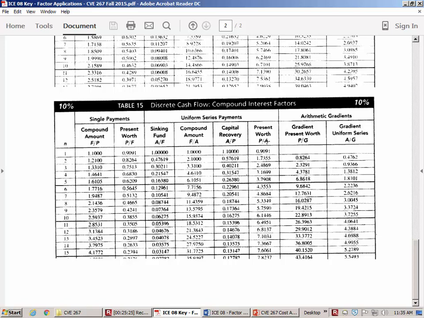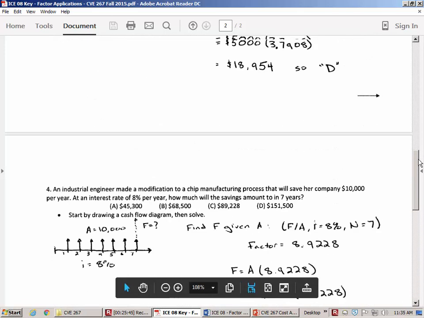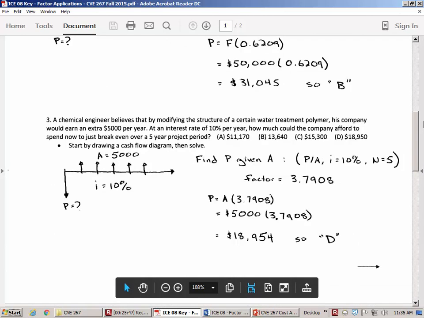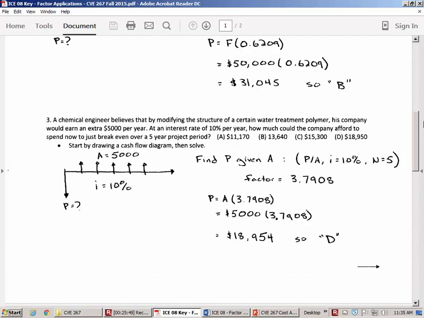Even though there's 5 payments, the ratio is less than 5 because this column is telling you how much the money is discounted. So 3.7908 means the present value of all those payments is 3.7908 times A. So if we go back to the solution here, 18,000. Everybody get this? Feeling good?